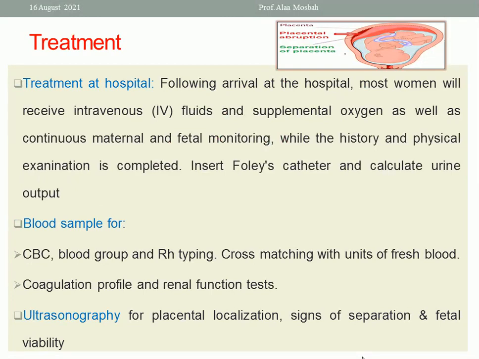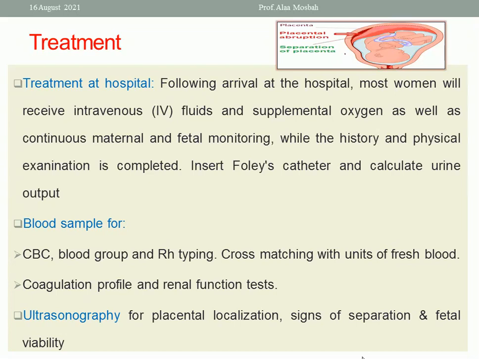What is the treatment? Treatment should be at the hospital. Following arrival, insert two wide bore cannulas and two intravenous lines, supplement oxygen, and continuous maternal and fetal monitoring is very important. While you are taking the history and doing the physical examination, insert a Foley's catheter and measure the urine output.